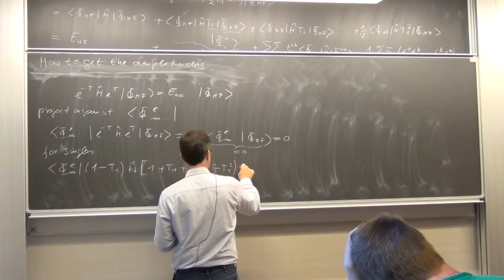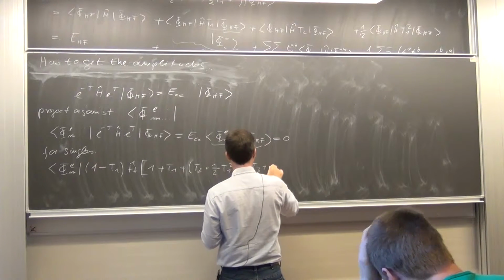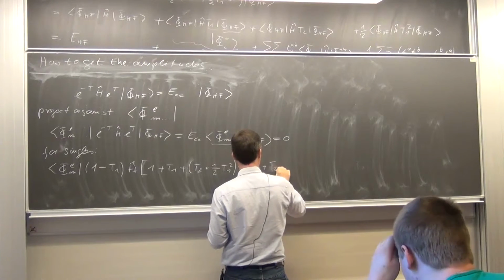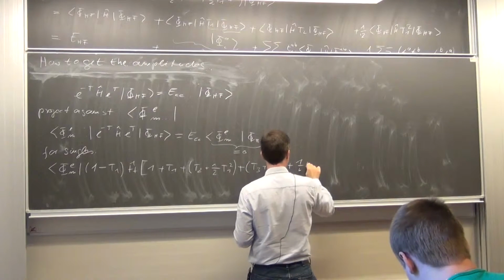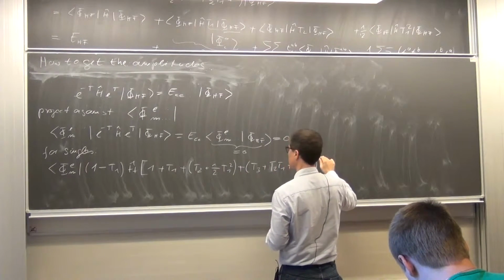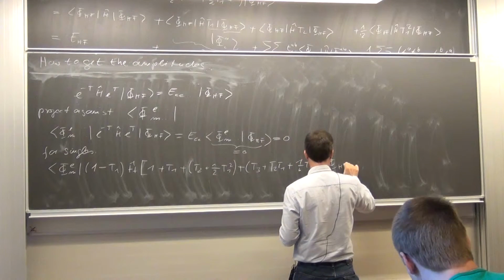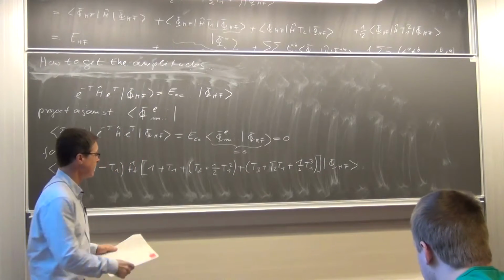T1 squared plus T3 plus T2 T1 plus 1/6 T1 to the third. That parenthesis, phi Hartree-Fock, is equal to 0.